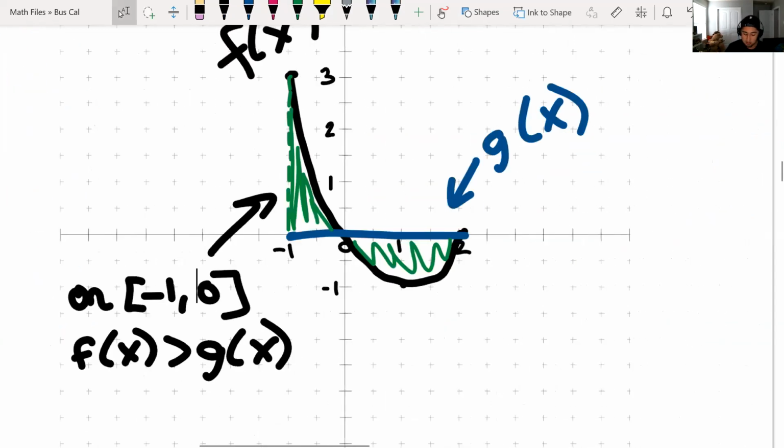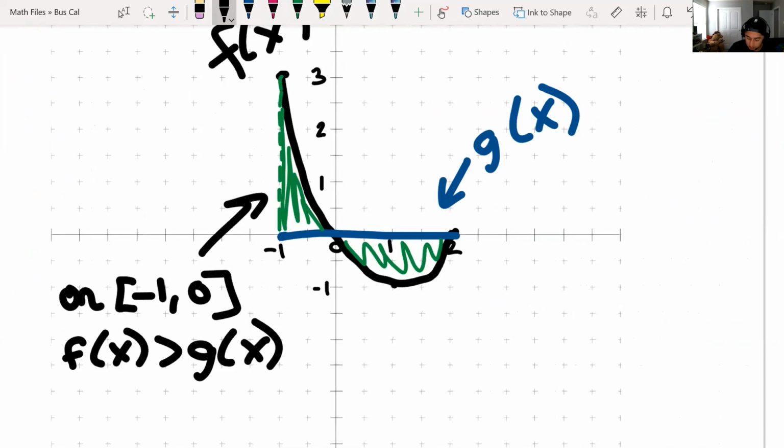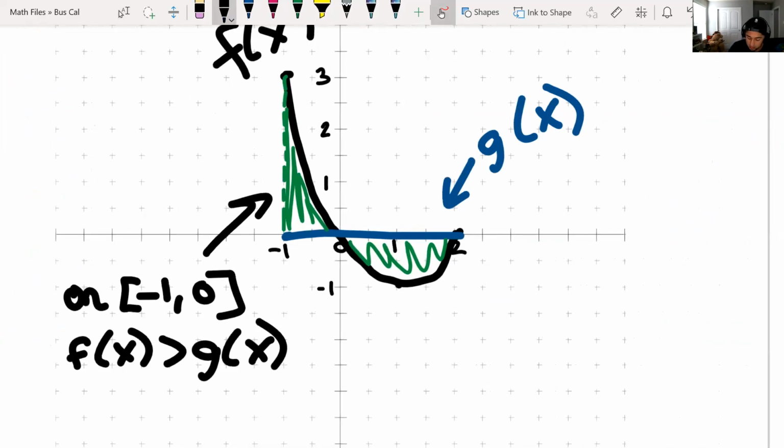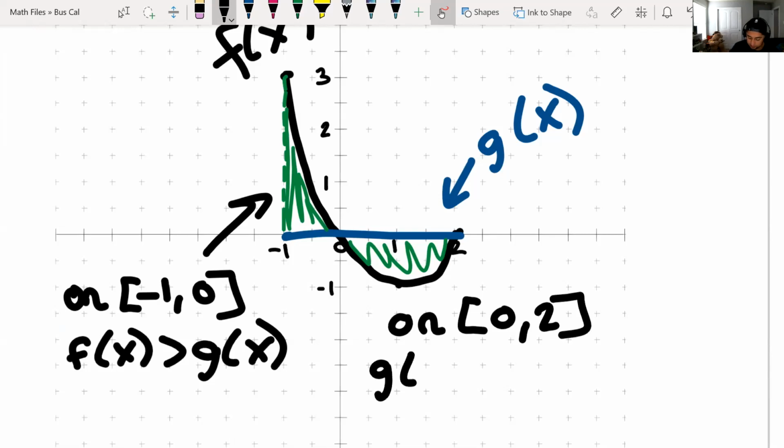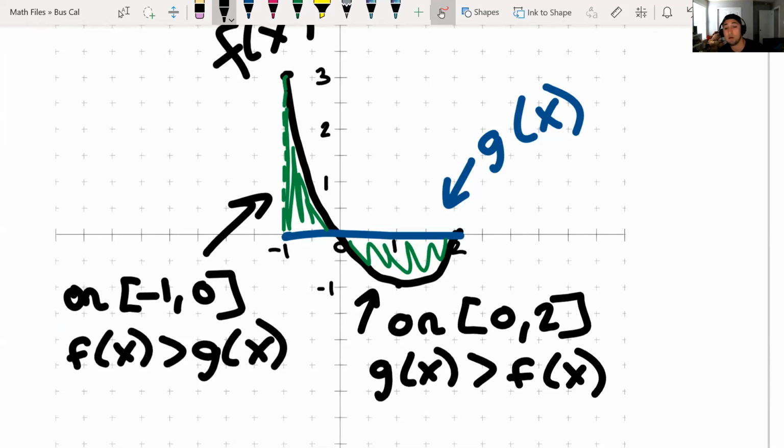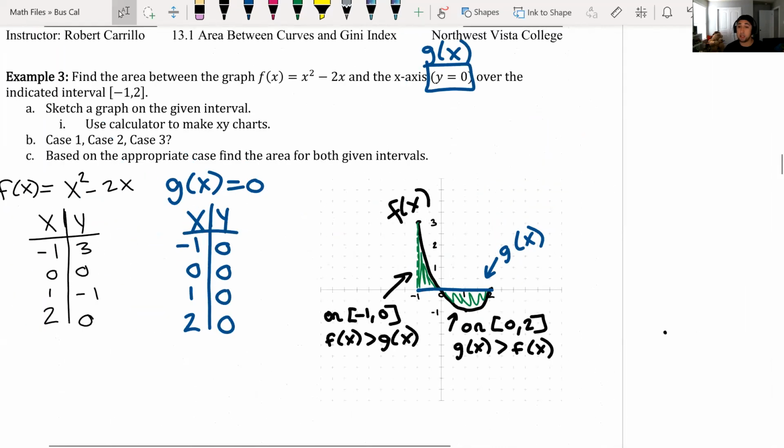And then we see that on 0 to 2, g of x is greater than f of x. So this means that we have an interval where f is greater than g and g is greater than f.